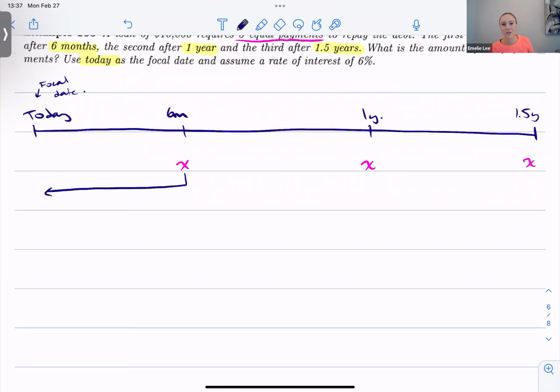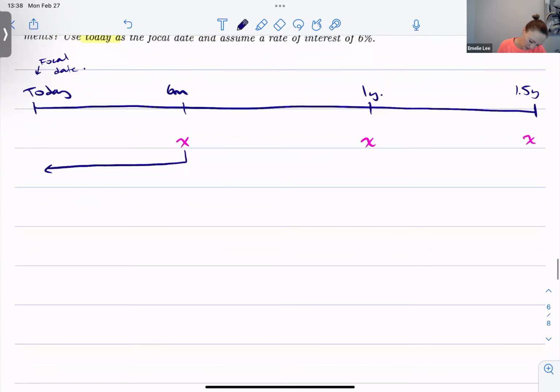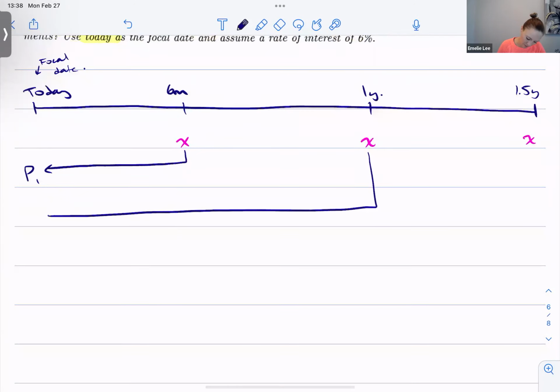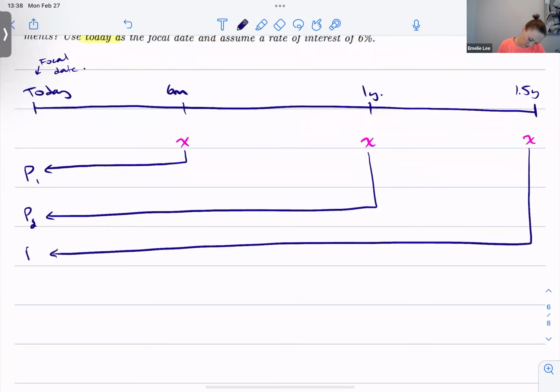You would have used today as the focal date anyways, but sometimes it's nice because the question just tells you what to use. But when I draw this back, this becomes some principal amount 1. This becomes some principal amount 2. This becomes some principal amount 3.